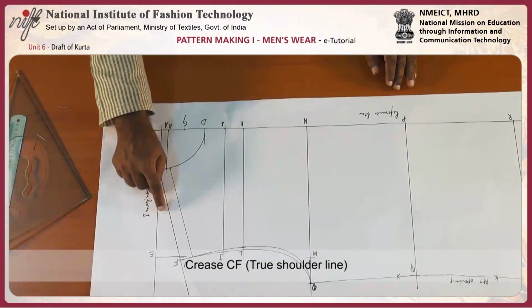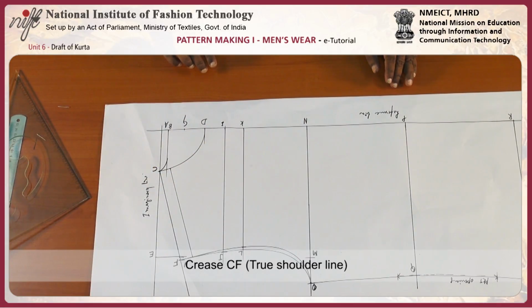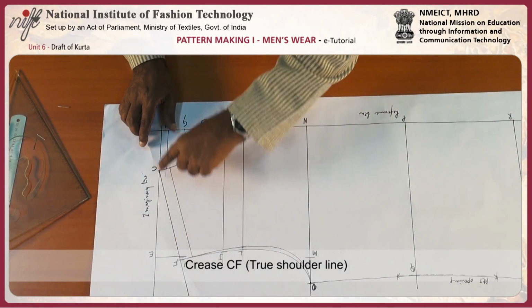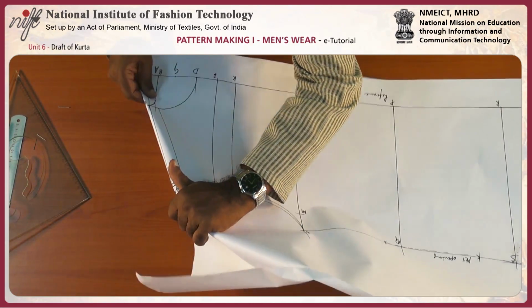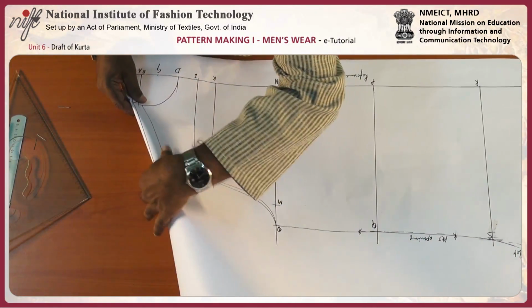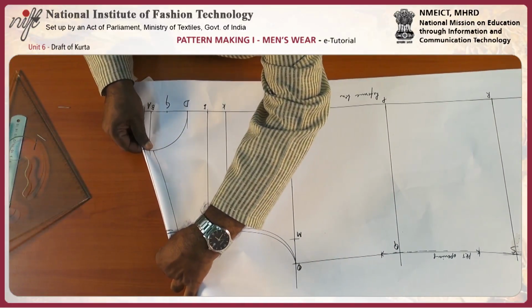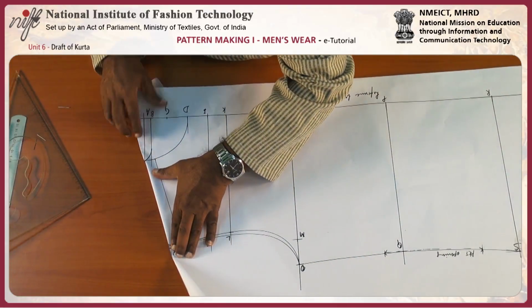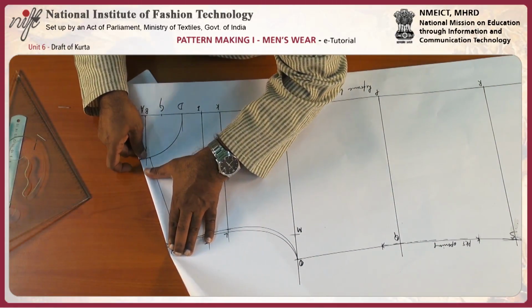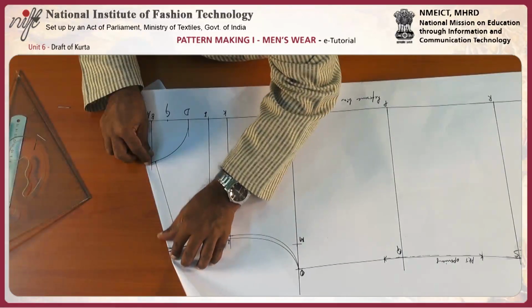After measuring 2 centimeter from the natural shoulder, crease the point C and F, which is line of true shoulder or natural shoulder line, as I am showing in the demonstration. It should be traced like this.